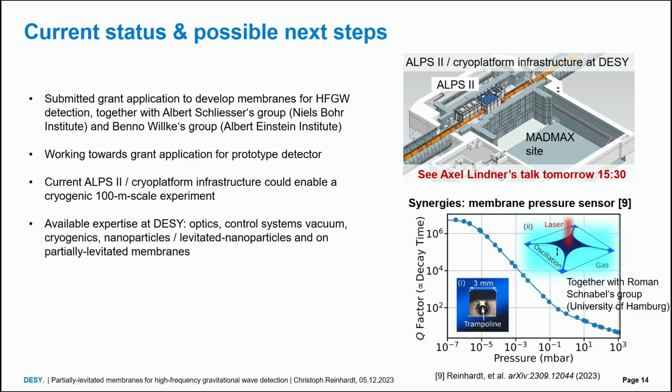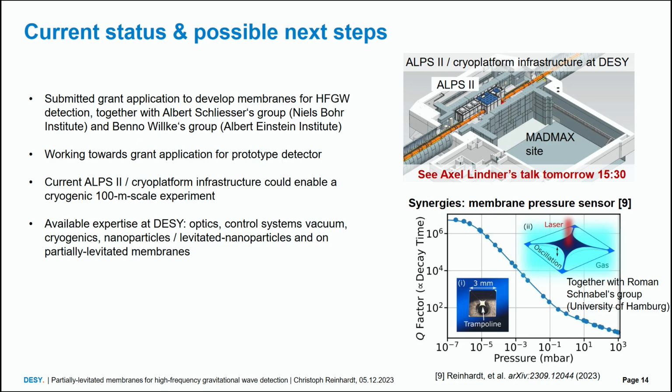And in the end, I would like to close with a little advertisement. There are also some nice synergies that can be exploited with regard to using these membranes. I mentioned that the thermal noise is a limiting noise source due to gas particles hitting the membrane. But this effect can actually be used to make a very nice pressure sensor.